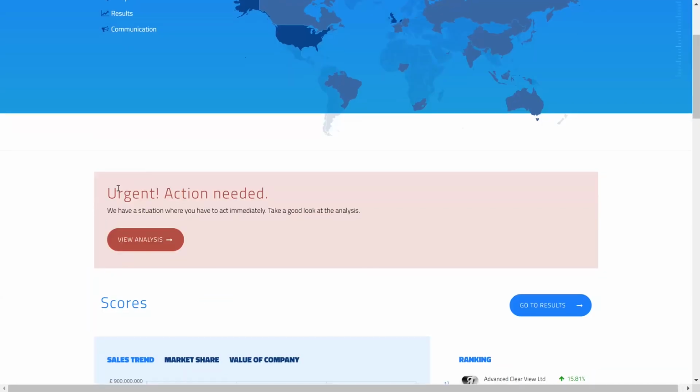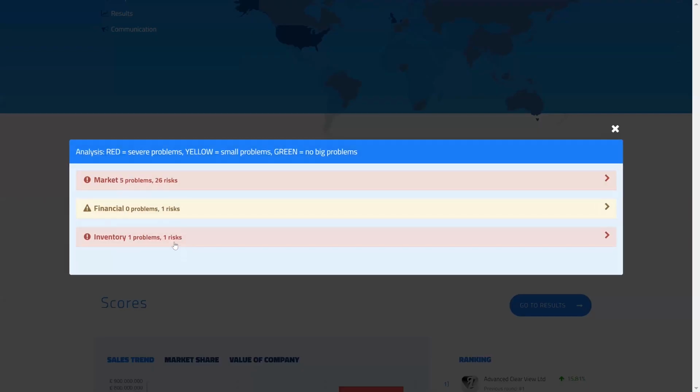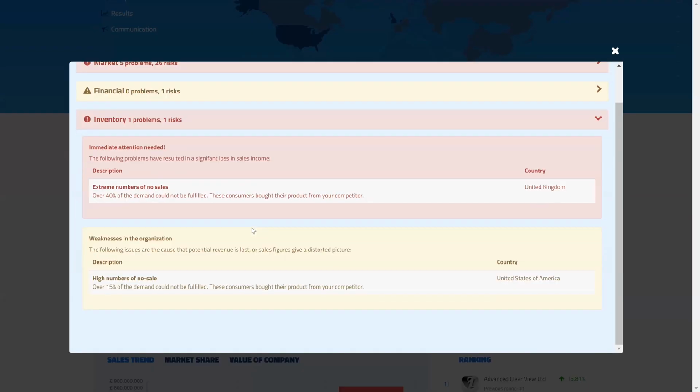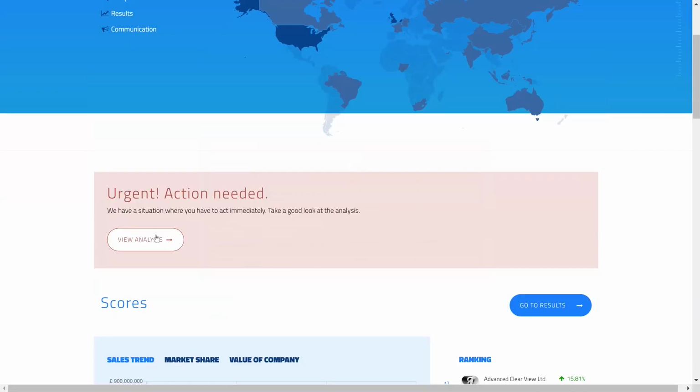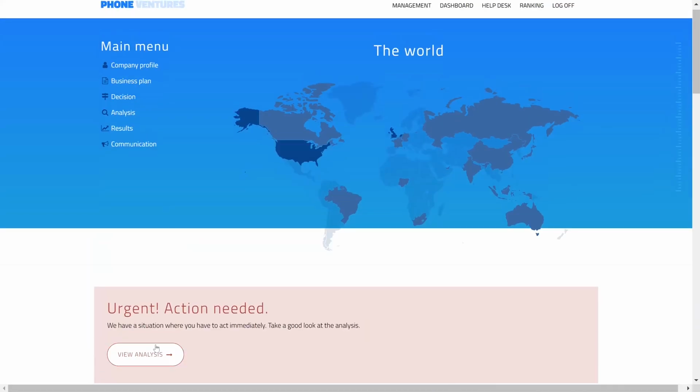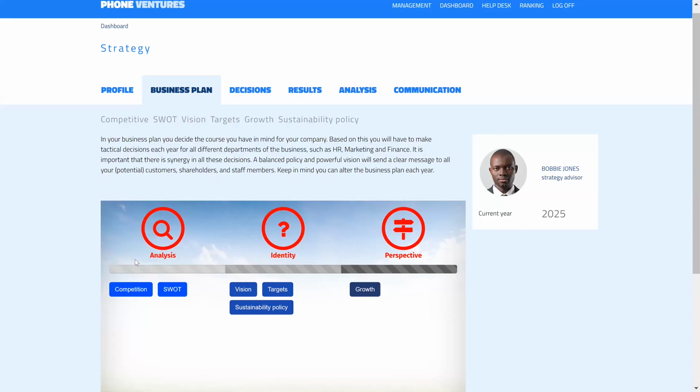I do want to say that this feedback tool, click on it, you'll get a collection of the largest issues in your company. So click on it to make sure you're not reading over the largest issues in your company. But please know that it's only looking at the largest issues that the system found based on your strategy.